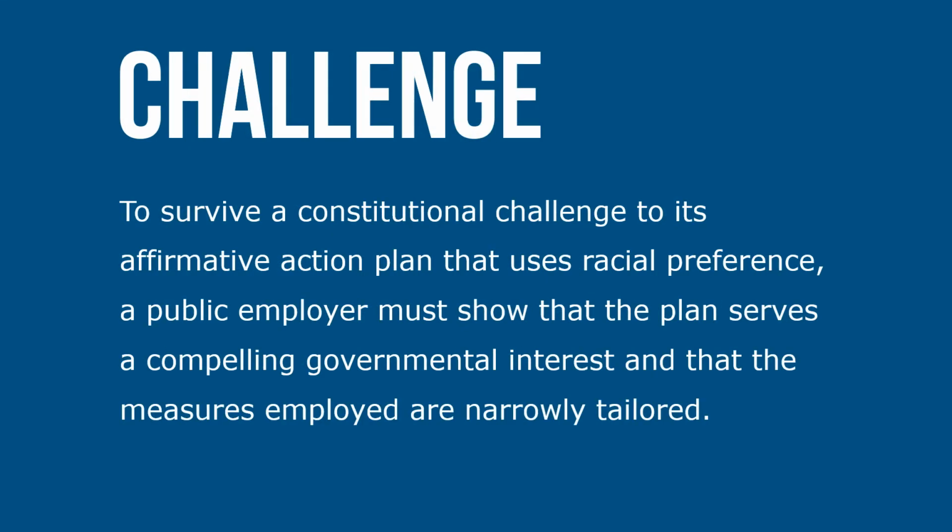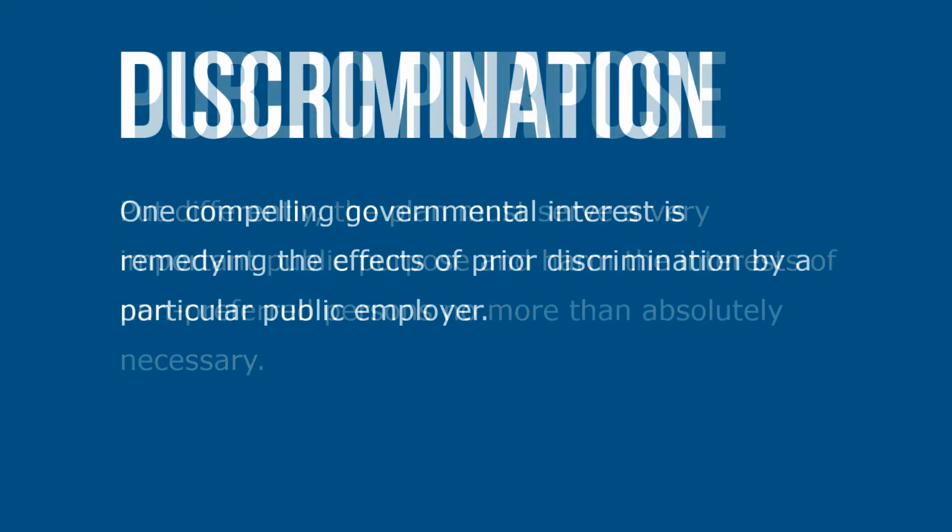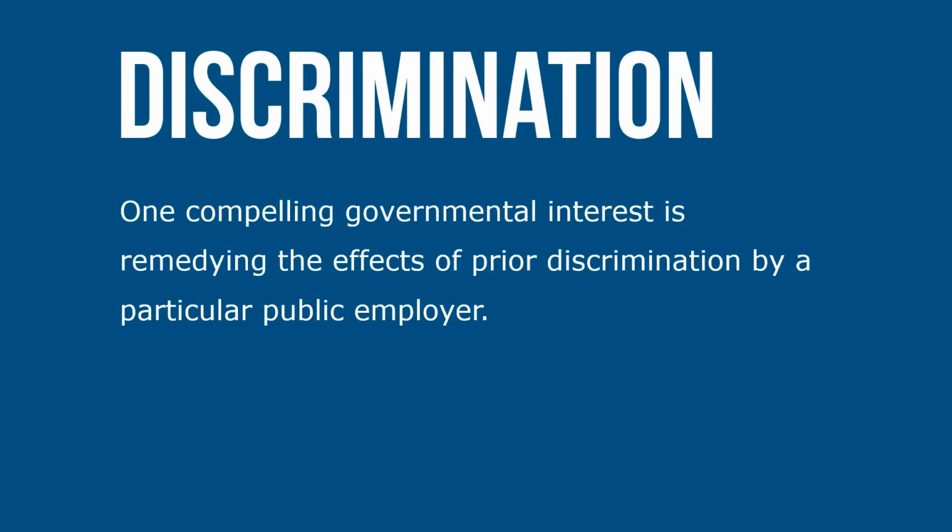To survive a constitutional challenge to its affirmative action plan that uses racial preference, a public employer must show that the plan serves a compelling governmental interest and that the measures employed are narrowly tailored. Put differently, the plan must serve a very important public purpose and harm the interests of non-preferred persons no more than absolutely necessary. One compelling governmental interest is remedying the effects of prior discrimination by a particular public employer.